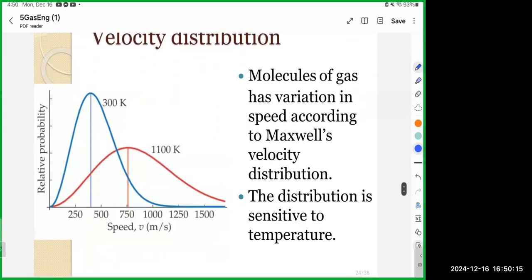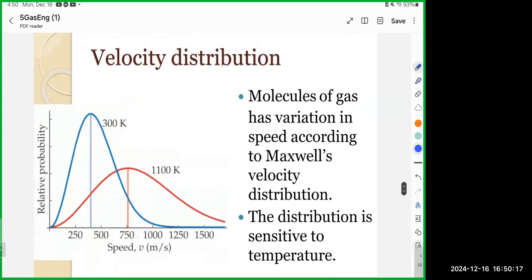And here is the velocity distribution. As you can see, for higher temperature right here, normally gas would distribute their velocity, right? But most molecules would have a certain velocity.